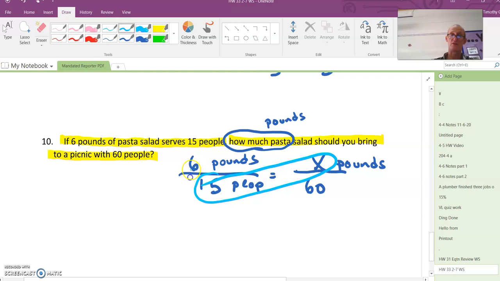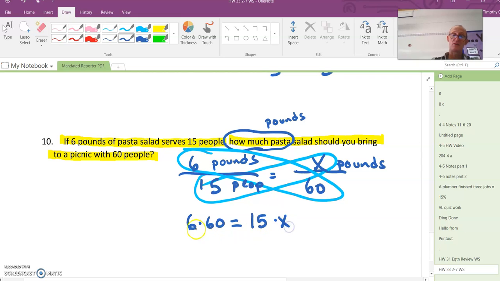So the proportion is solved using the cross product method. So I would get 6 times 60 is equal to 15 times x. And 6 times 60 is 360 is equal to 15x. I divide both sides by 15.